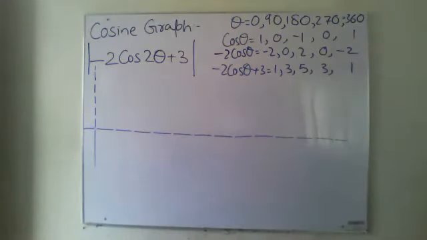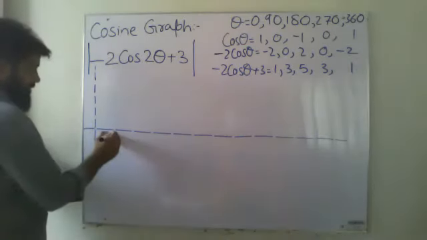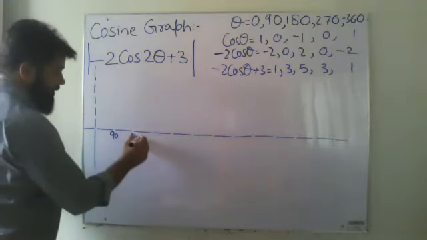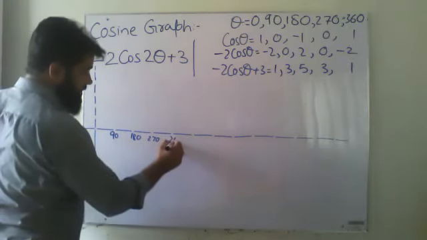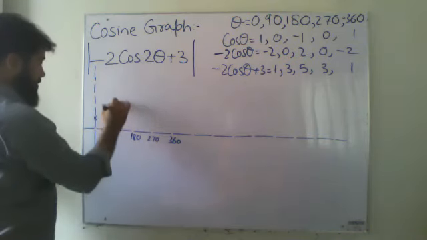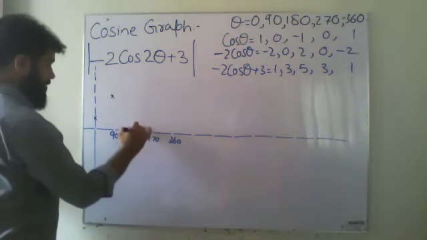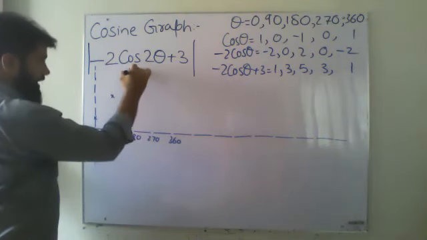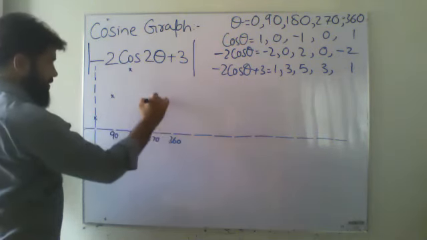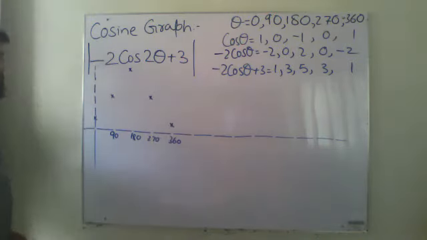Okay. So now we have to simplify this one. How are we going to simplify it? 90, 180, 270, 360. Values will be 1, 3, 5, 3, 1.